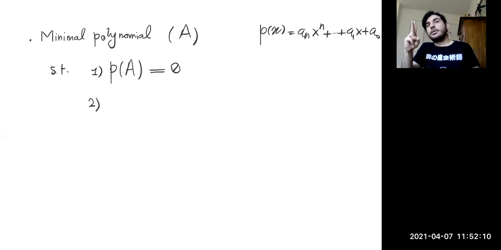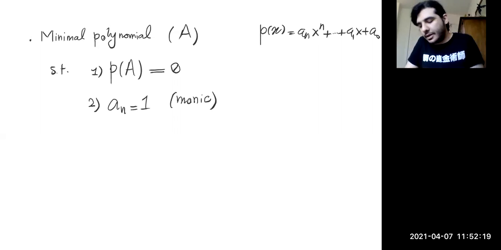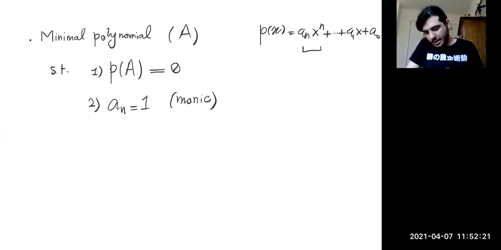2, it is monic. What does that mean? It means the coefficient of the term with the highest degree is 1. So a_n is just 1. That's the second property.